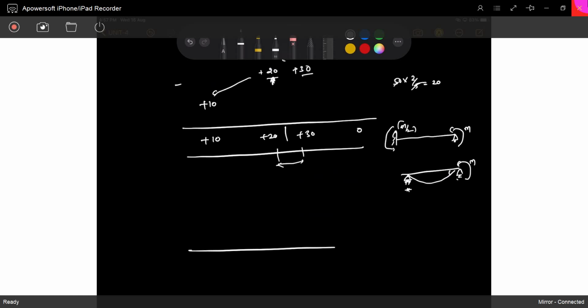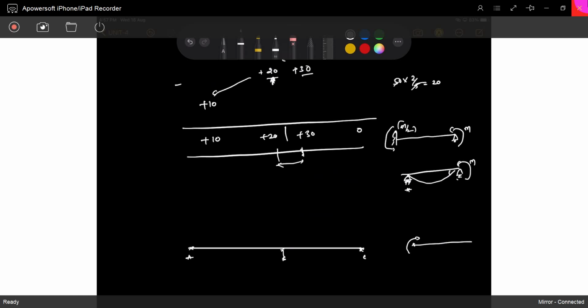If you write down the bending moment diagram, see the bending moment diagram. C has a 0. This is A. You can call it B. This is C. C has a 0. So now it's a plus 30. Plus 30 means what? Plus means in a clockwise direction. So clockwise is this side.